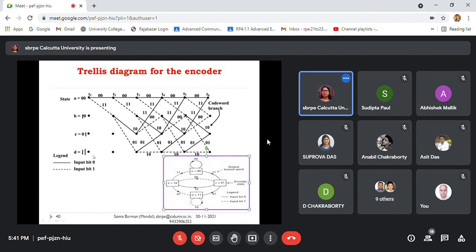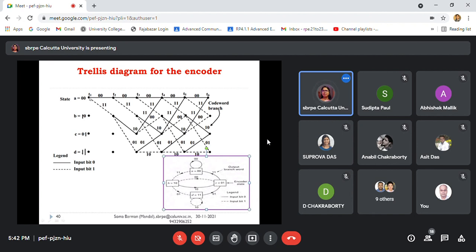Now, suppose the encoder is at state A, 0 0. For each time instant, from each node, 2 paths will diverge.